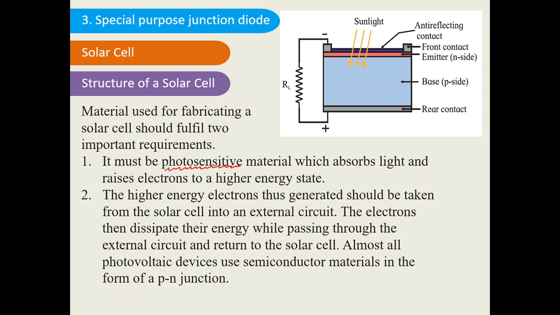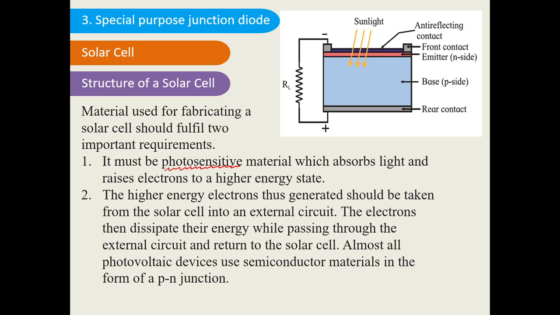So the second requirement is that the higher energy electrons, the free electrons generated in the first process, should be taken from the solar cell into the external circuit.